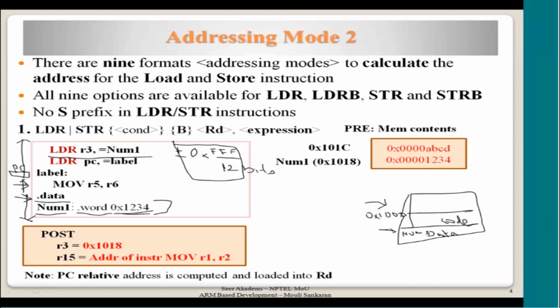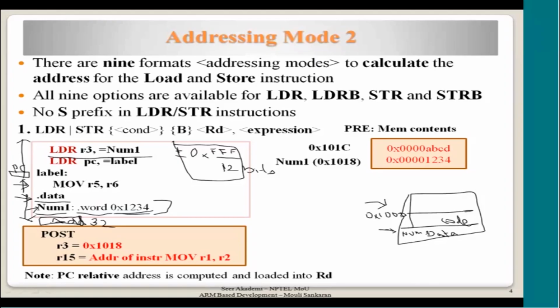Maybe it may use some other way. It may copy this value into one location, the exact address where it is stored, and then access it using a memory read. Suppose you have a very big program going into a few megabytes, then it will reserve one space where it will store the 32-bit value, which is the address where num1 is located, and then compute the memory at this address and load it from there.